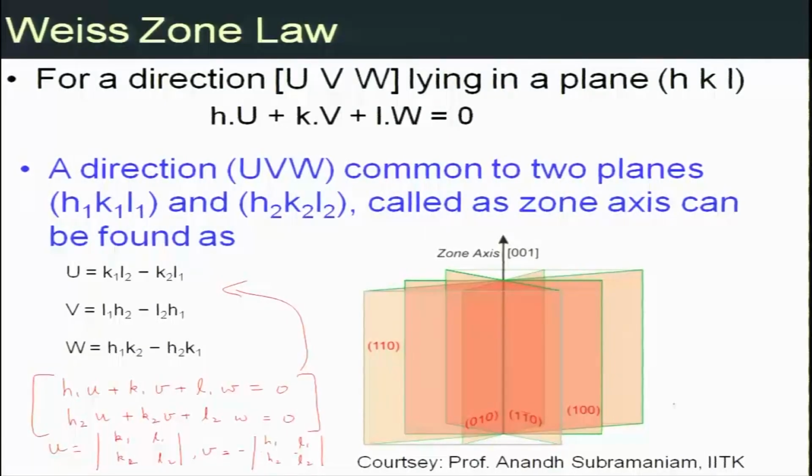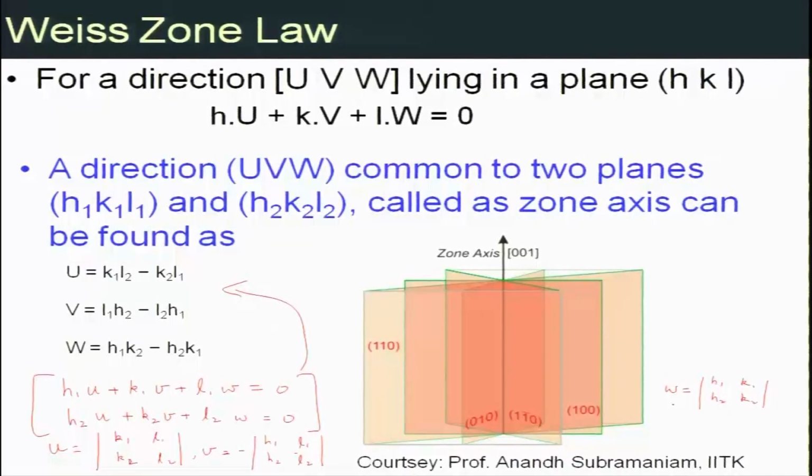Similarly, W will be equal to the determinant of H1 H2 and K1 K2. So you can see that U is equal to K1 L2 minus K2 L1, V is equal to L1 H2 minus L2 H1, and W is equal to H1 K2 minus K1 H2. That is how you can find the common axis between the two planes.